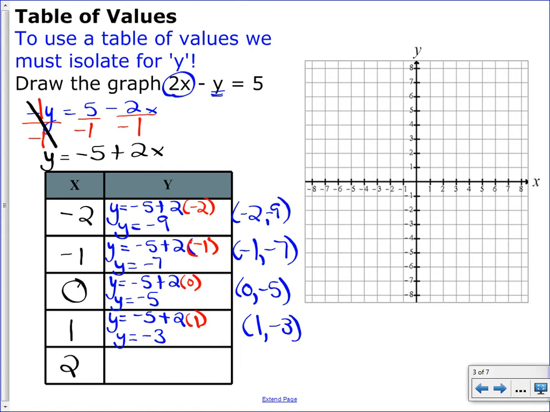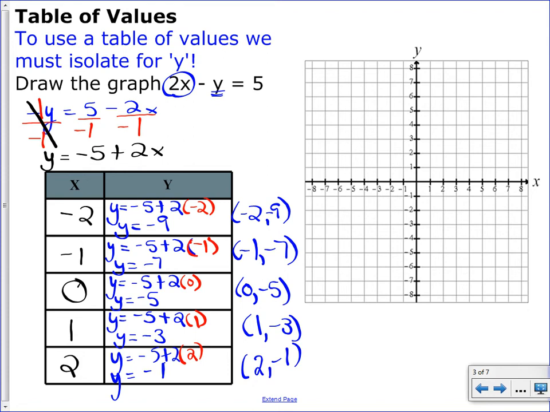Okay, Autumn, what do I do for the next one? Which gives me what? Rach? Good. So my ordered pair is? Excellent. Okay, I want you to take a minute and I want you to plot those values.